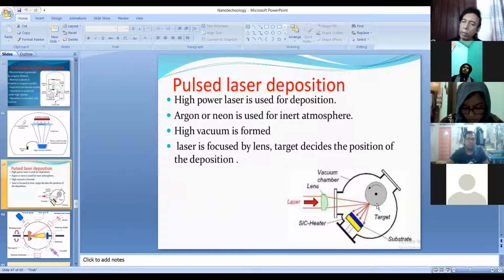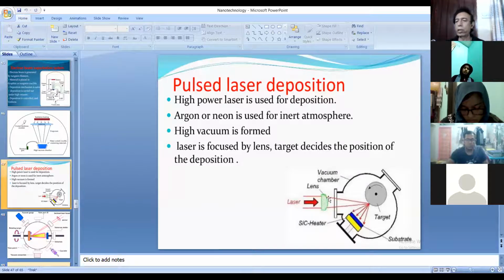Say for example, if it is aluminum, then it will vaporize the aluminum material, and it will ionize the aluminum also, because the strength of this laser is very high.